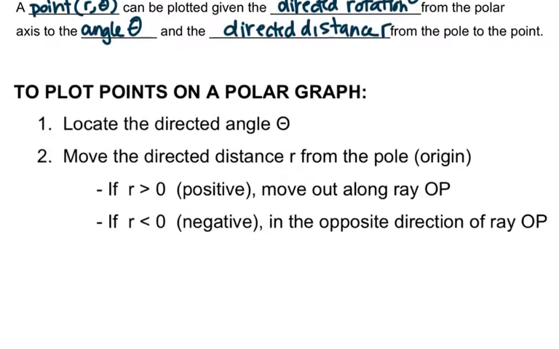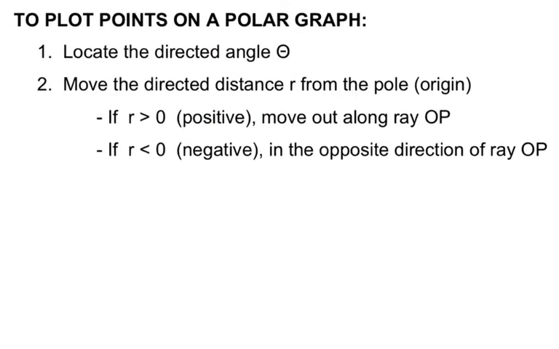To plot points on a polar graph, the first thing we will do will be to locate that directed angle theta. So we'll travel on our unit circle to theta. At that point, once we've discovered on what line we're going to be drawing our radius, we're going to move that distance, which is directed. And directed just means we can have a positive or a negative radius. So we're going to move R from the pole, which means the origin.